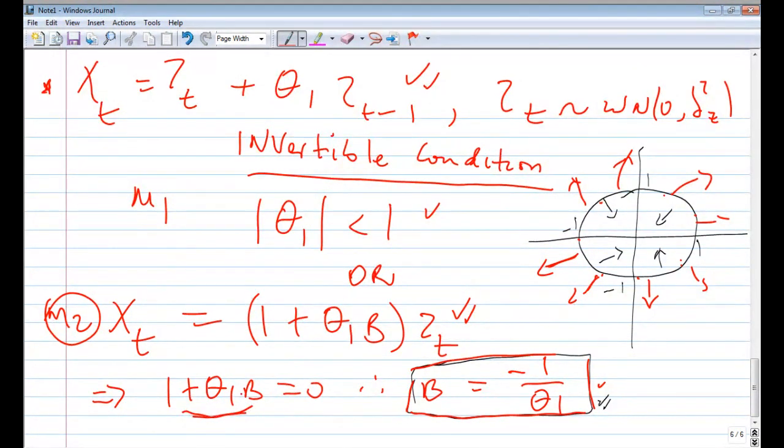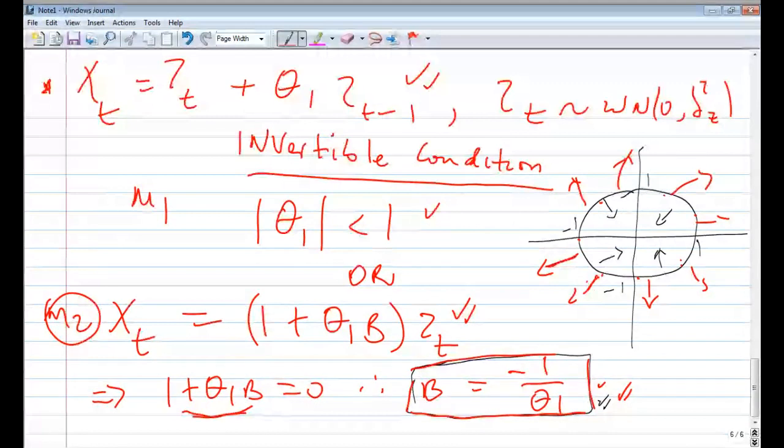Then you equate it to 0. What do you want to do? You want to solve for B. You want to find the root of B, like what we did here. Then after finding that root, you check the value of B, whether it is outside the unit circle or not.